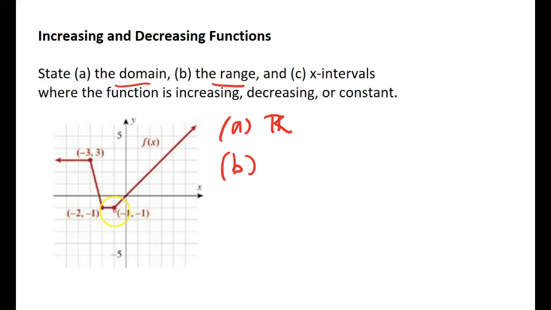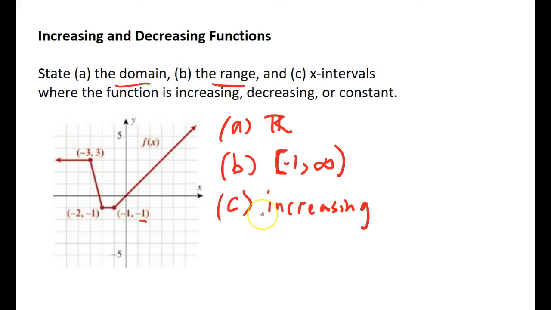Well, it looks like it never goes below -1 for y, but it does go up forever. So the range is going to be from -1, including, so I'm going to put a bracket there, -1 to infinity. Okay, where is it increasing or decreasing? Okay, so let's check out increasing first.